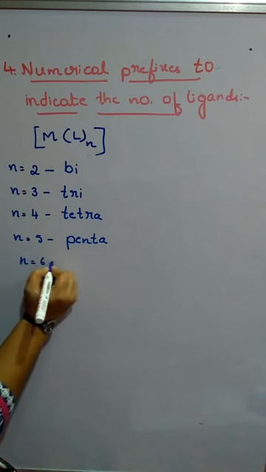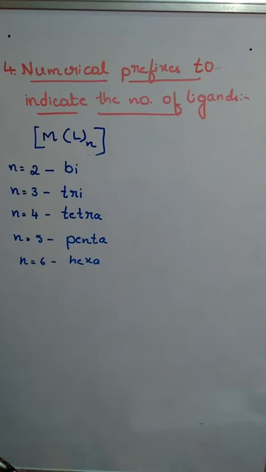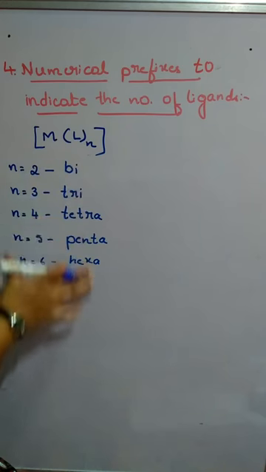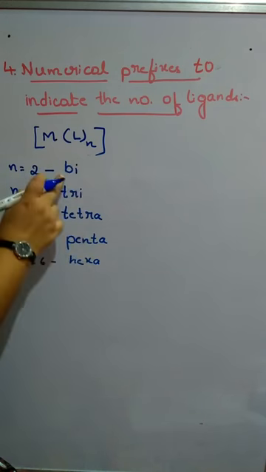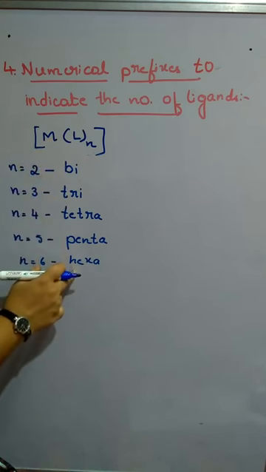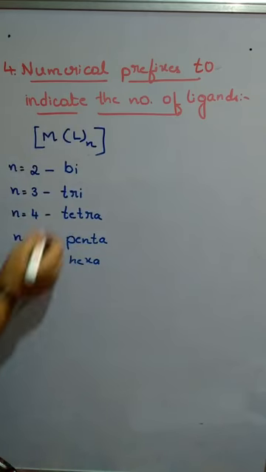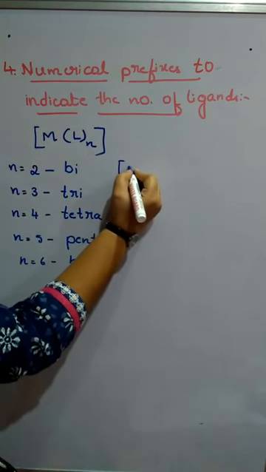If n is equal to 6, hexa. These prefixes are very, very important. In case of ligands, first the ligand name should start with these words, followed by the name of the ligand. Suppose we take one of the examples.